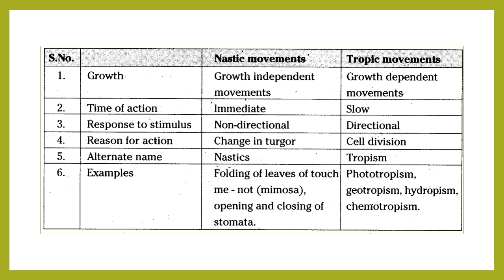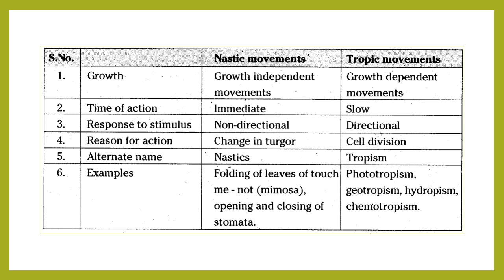But in tropic movement, the growth of root, shoot, seed, all are slow. So the response to the stimulus in nastic movement is non-directional. It's not only towards that particular stimulus, rather some response is there. Tropic movement is directional, either away from or towards the stimulus.